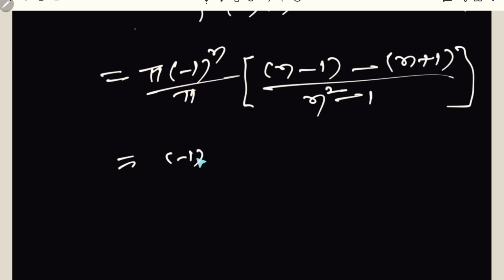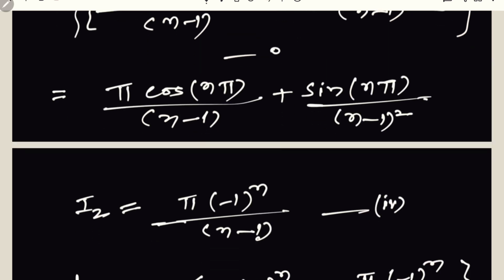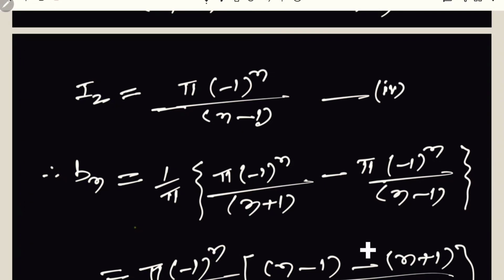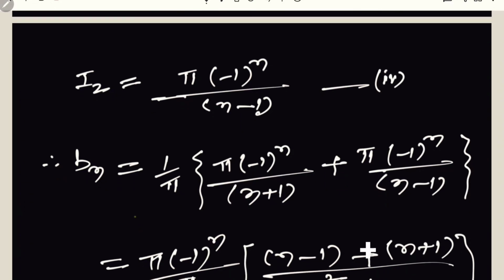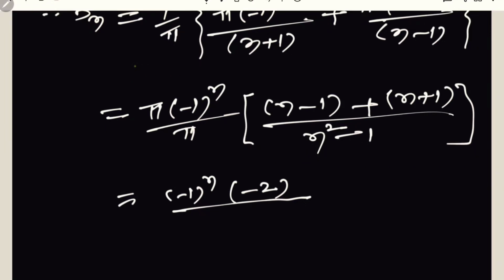A small correction: here also plus, and therefore n plus n we get 2n, into (minus 1) raised to n, whole divided by pi into (n square minus 1).